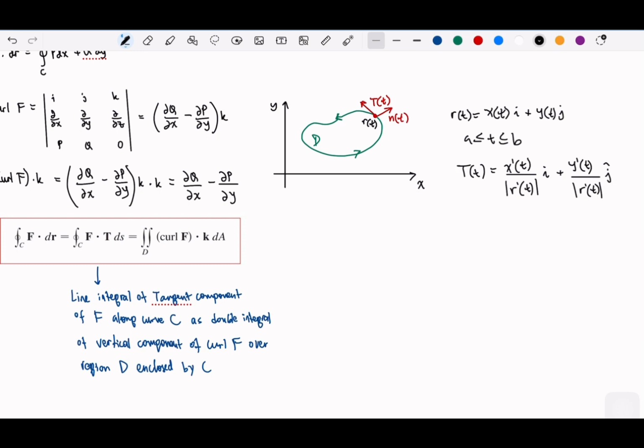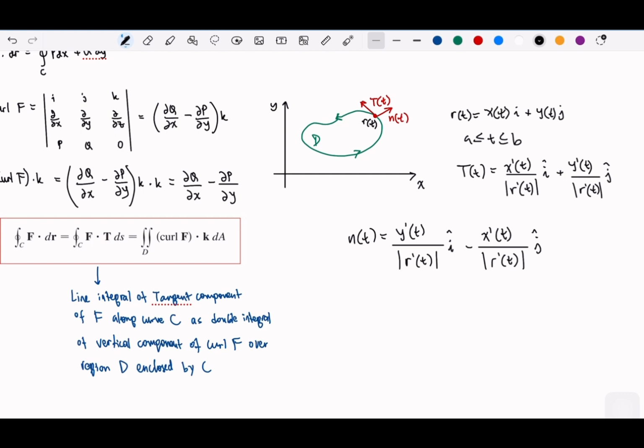And we can verify that the normal vector will be y prime, minus the x prime.